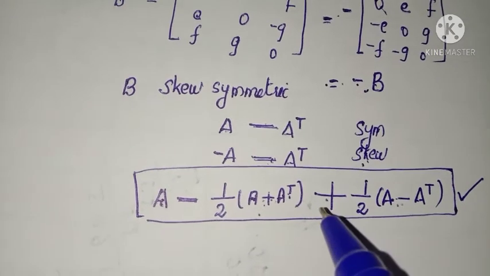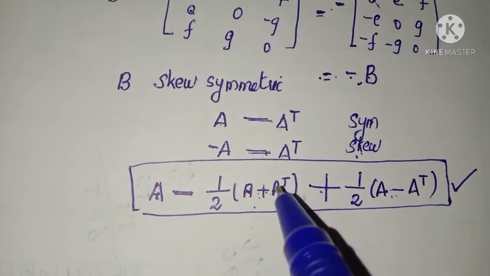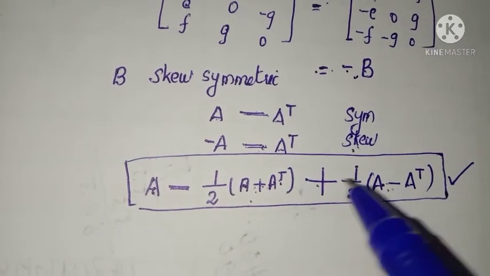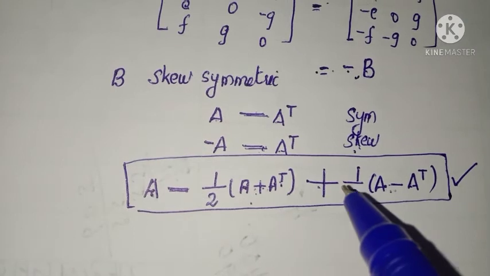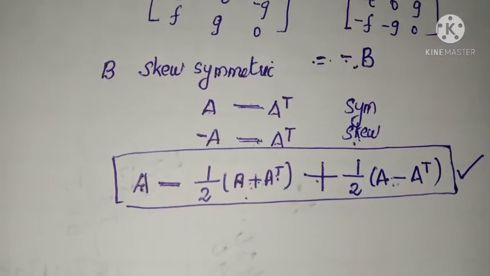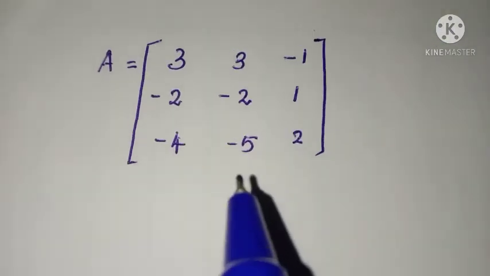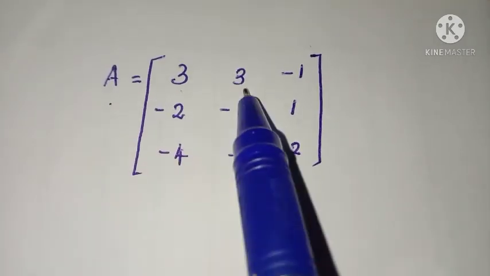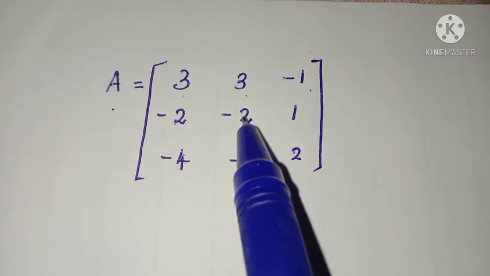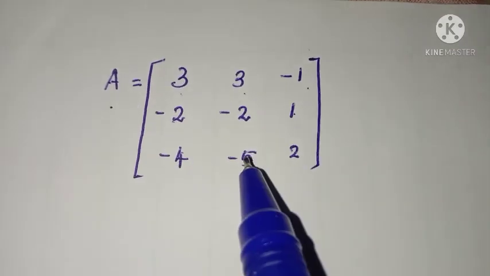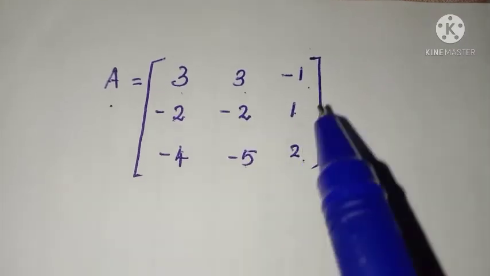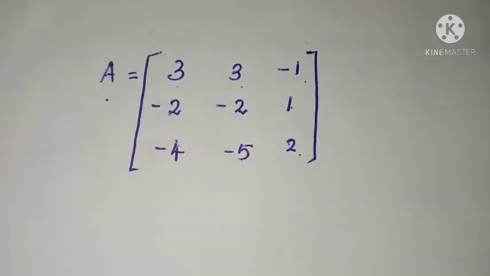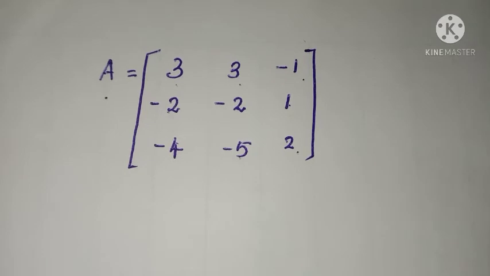Okay, let's see an example of how to express a matrix as a sum of symmetric and skew symmetric matrix. See this example. A is equal to matrix 3, 3, minus 1; minus 2, minus 2, 1; minus 4, minus 5, 2. We have to express this matrix as the sum of symmetric and skew symmetric matrix.